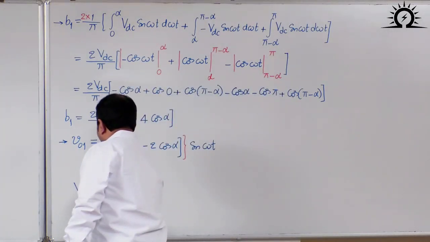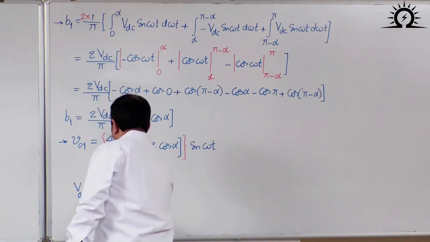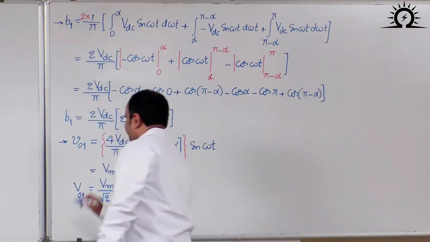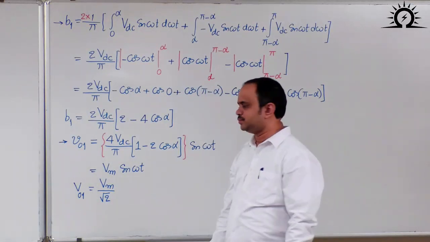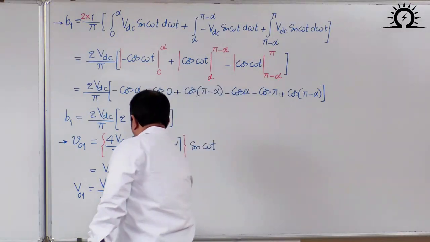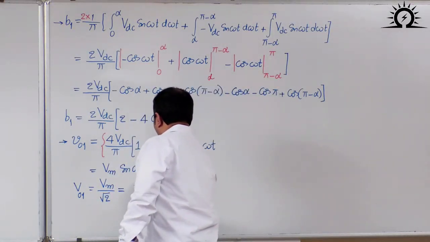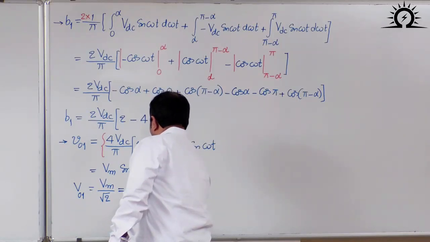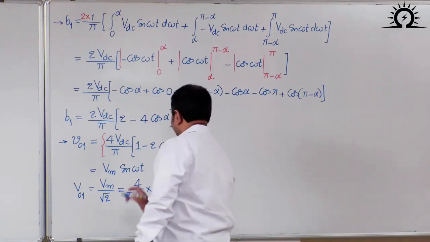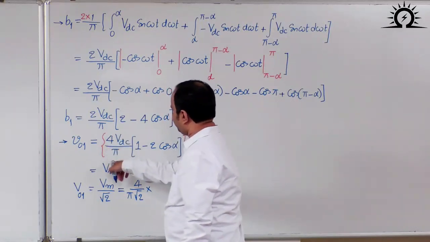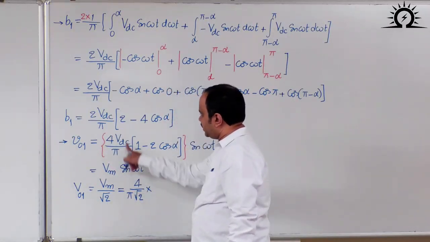Let me use capital letter for RMS value, that is Vm divided by root 2. Therefore, what is Vm here? 4 by pi into root 2, this one 4 by pi, denominator root 2.